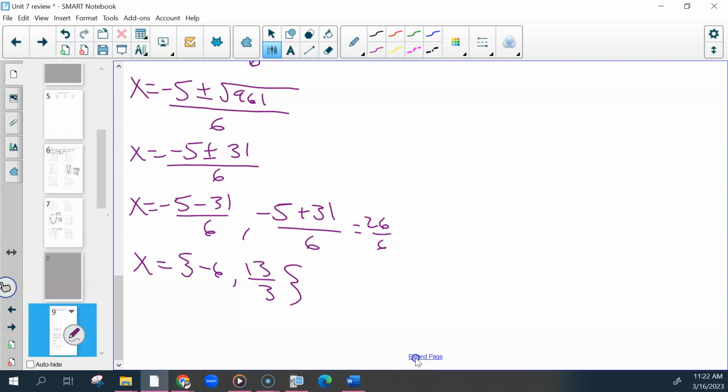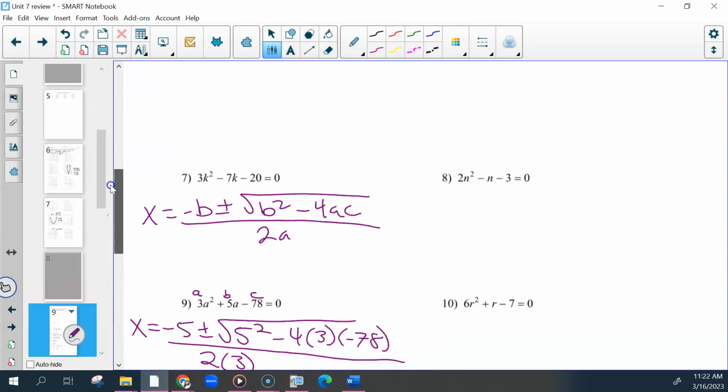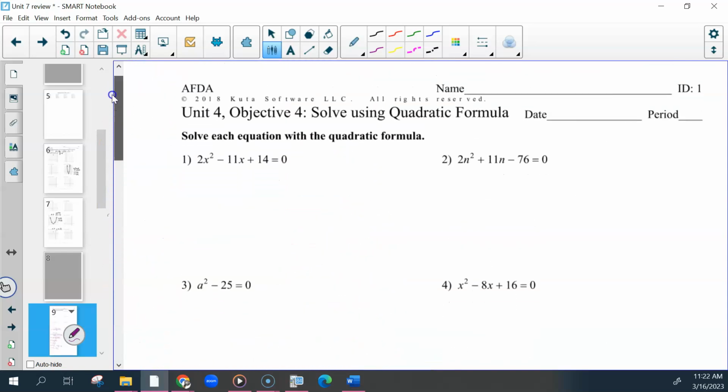Are there any others we want to see in this section on this review or the other? This was 9 on this one.